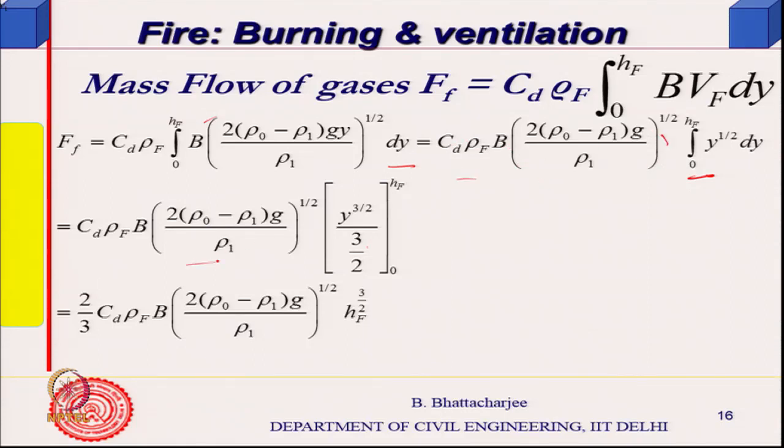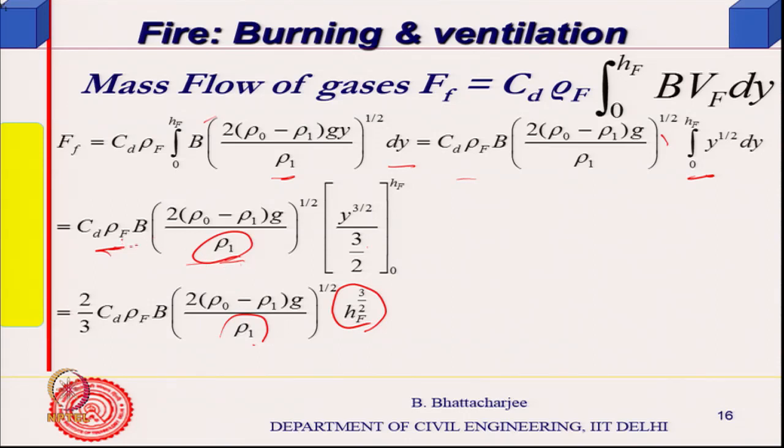So, I just put them there and do a little bit of algebra. So, it is h to the power 3 by 2, hf to the power 3 by 2, and rho f is available here. This should actually be rho f. So, rho f to the power half, this is rho f, this is rho f.